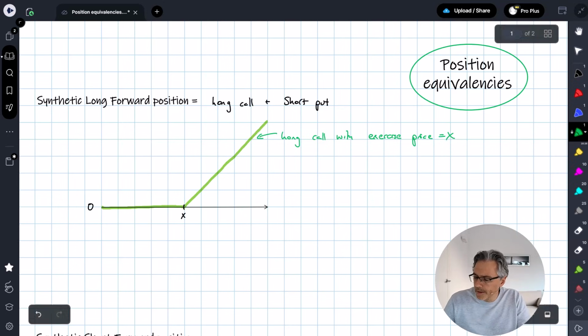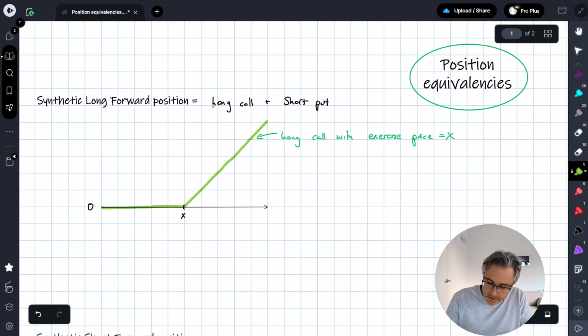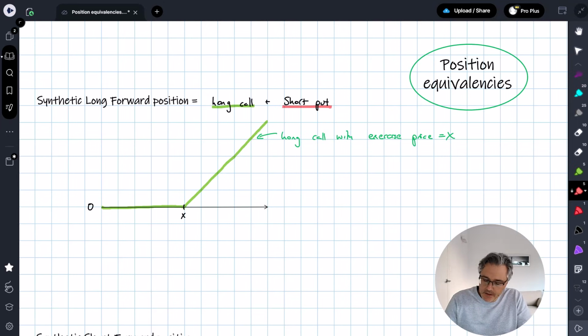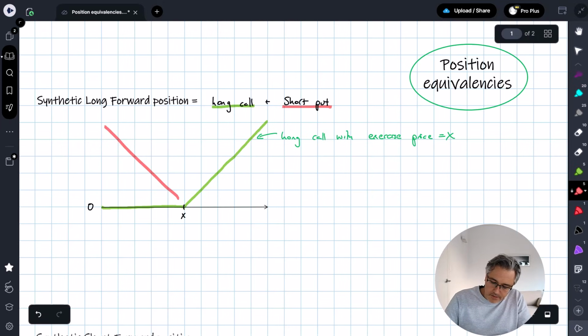Hopefully nothing surprising there. At the same time, I'm supposed to combine this with a short put. So let's give this a color and underline here to make sure you know what is what. The short put is a little bit more tricky to draw, but a long put would go like this. Now I'm not going to draw a long put.